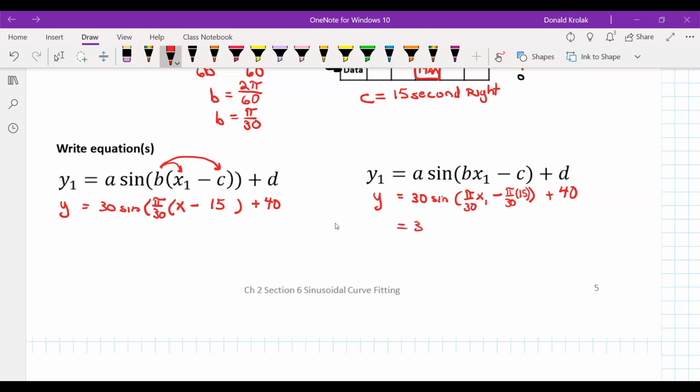So this guy's going to equal pi over 30x minus pi over 2 plus 40. Okay. Pi over 2 came from this times 15. Pi.